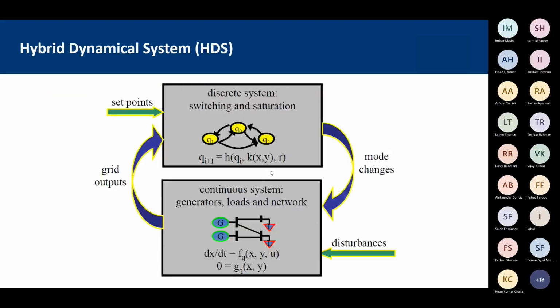Dynamic systems are also called hybrid dynamical systems, because obviously we have this discrete system and then we have this continuous system. In dynamic modeling, the biggest challenge is the mode changes, I would say, and the disturbances. These can change the parameters quite quickly.